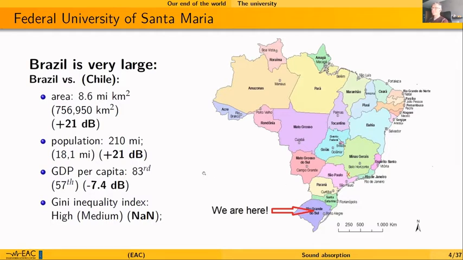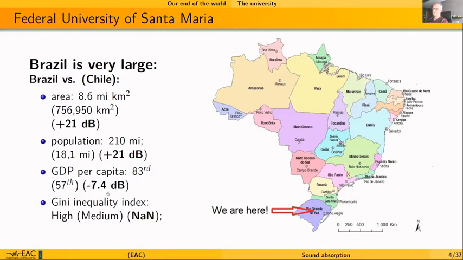I like to give a comparison to the place I'm talking to, and instead of making sense of gross numbers like area and population, as we are talking to acousticians, I like to give a comparison in decibels, which I think is nicer. So Brazil is about 20 decibels larger than Chile. The population is also about 20 decibels larger than Chile.